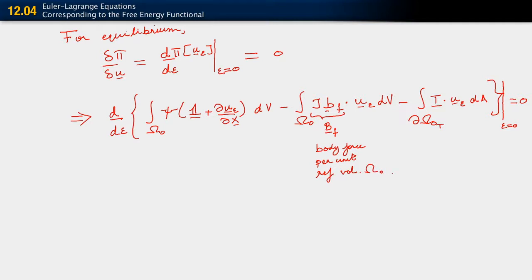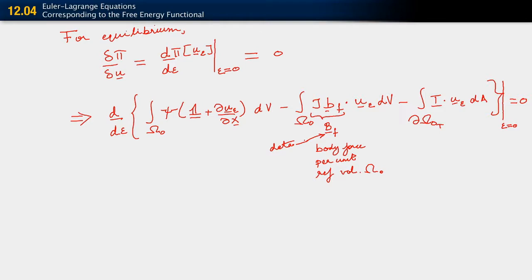In computing this derivative, we say that this quantity BF is given to us as a parameter. It is part of the data of the problem, a known forcing function.